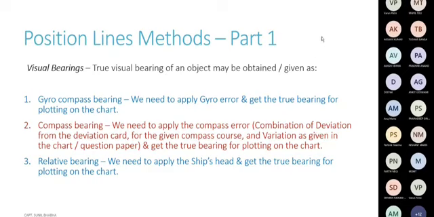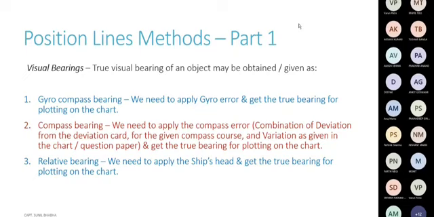Okay, beta. Let me know if you have any doubts up to here. If we have the relative bearing, we will apply our true course in order to get the true bearing from that.